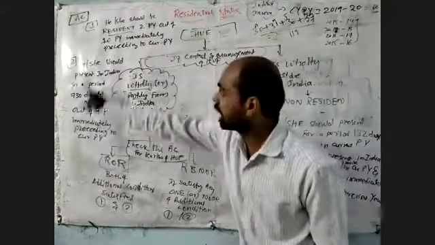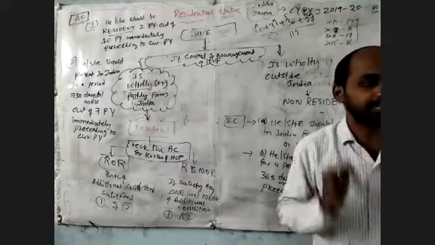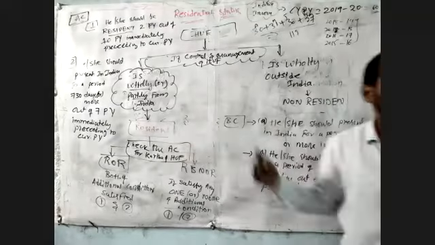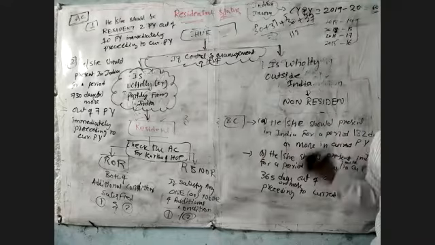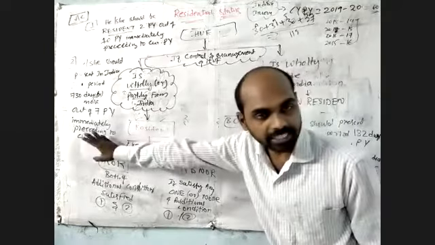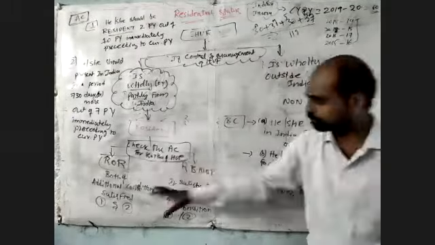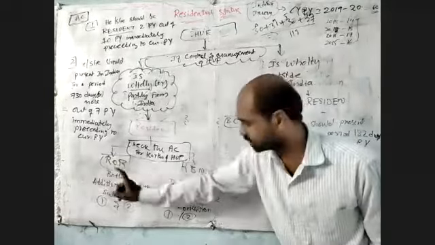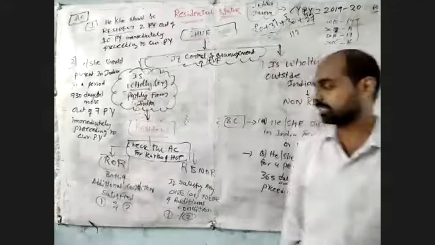Then you check additional condition 2, whether he was in India for 730 days or more out of the 7 previous years immediately preceding the current previous year. If he is satisfying both, HUF will become resident and ordinary resident.